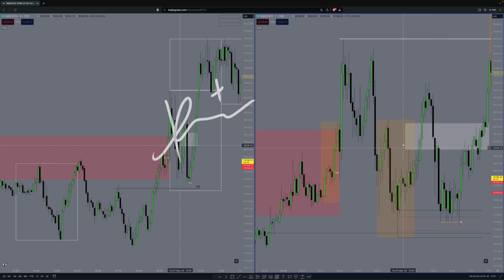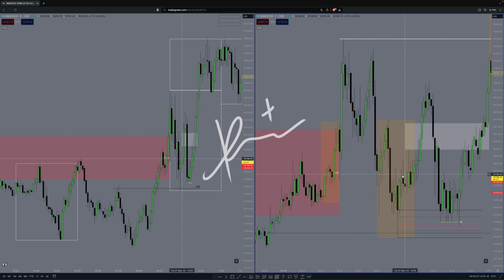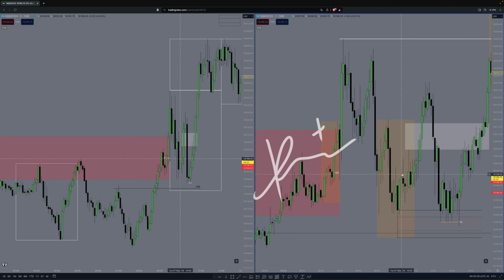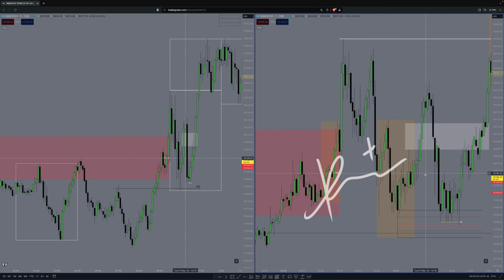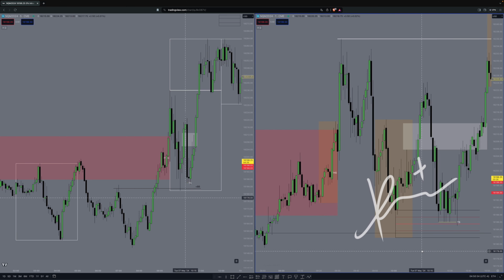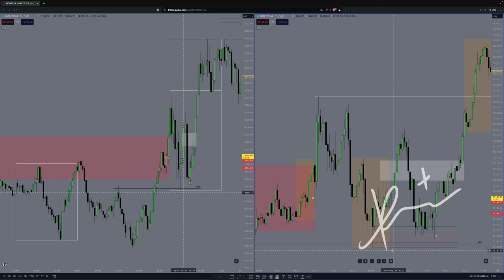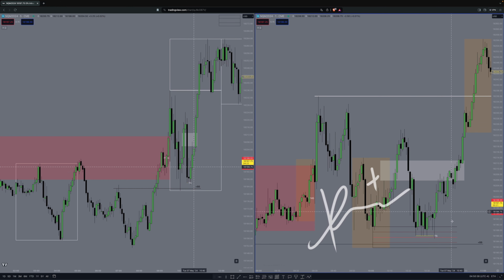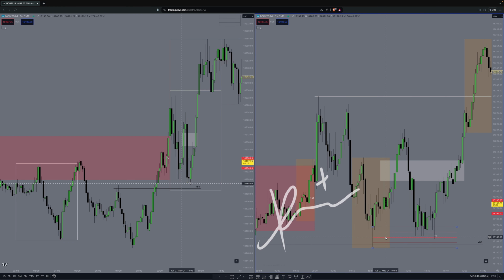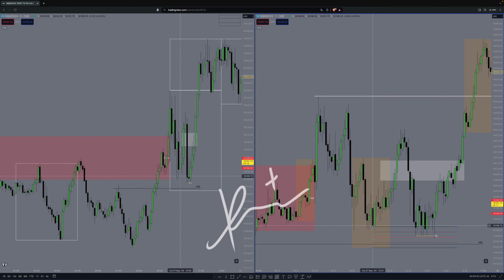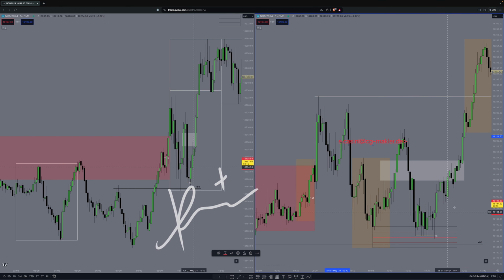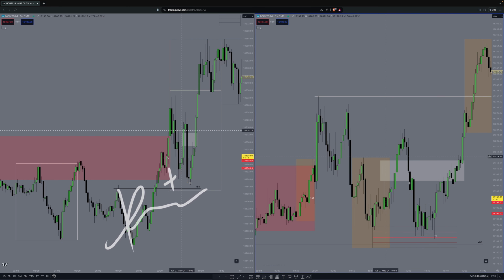As you can see on the 1 minute, yes, the price goes up, but you see, this just weeks and weeks and weeks. It's not the type of market I want to be in, and the price comes down here again, stopped at the consequent encroachment. Oops.